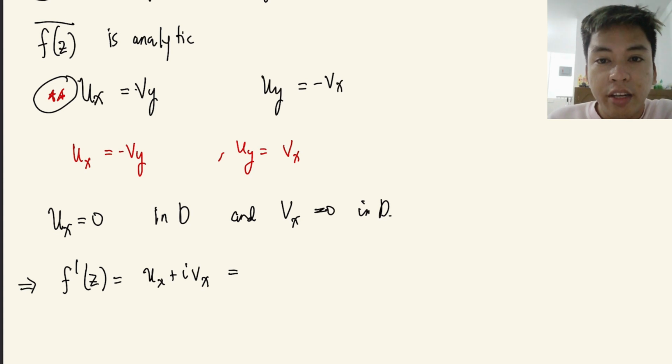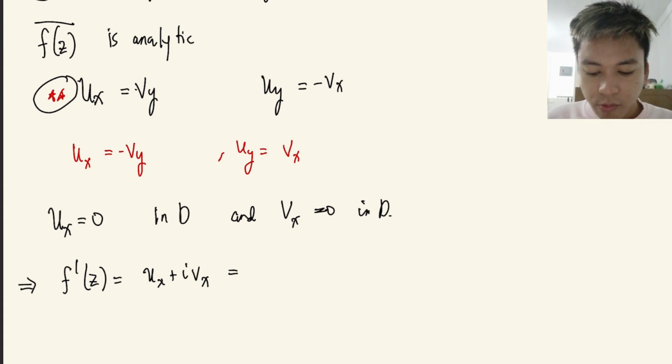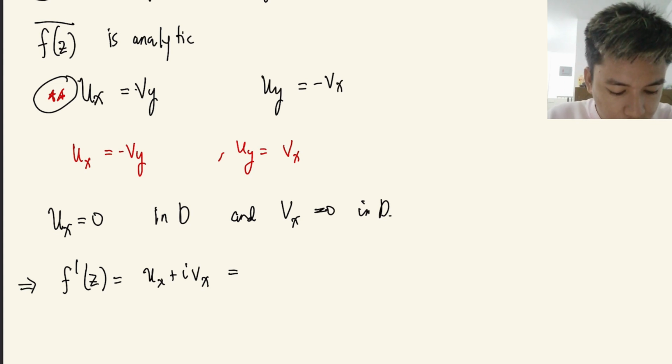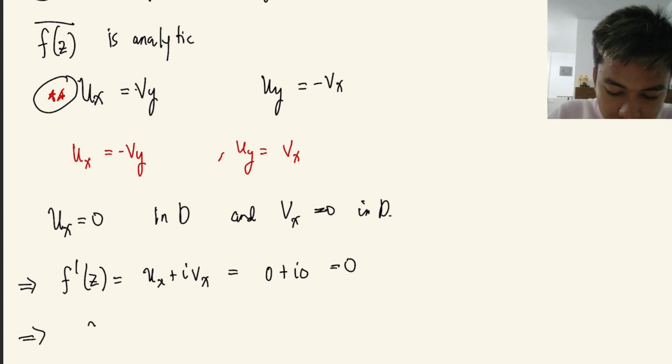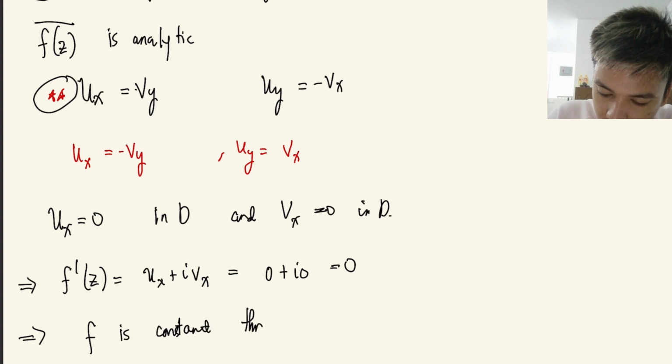We've shown in the previous video that the derivative is this one. And so this is 0 plus i 0. This is 0. Okay. Therefore, by the theorem we have presented earlier, this means to say that f is constant throughout D.